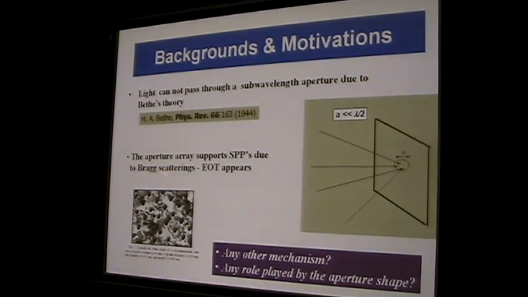Now, I have already shown you that Ebbesen's group told us that if it is not a single aperture but an aperture array, then Bragg scattering can help us excite the surface plasmon so that we can have high transmission. So the question is, can we have any other mechanism? You can see that the aperture is always very simple, either circular or rectangular. So our question is, does the aperture shape play any role?